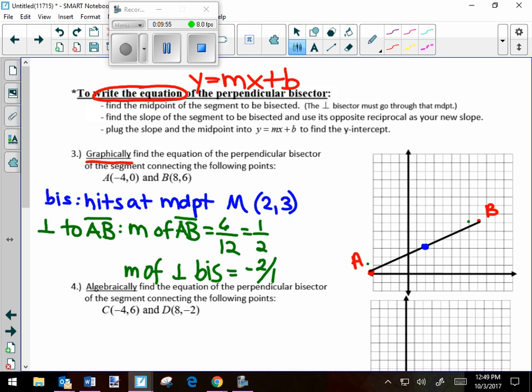So from the only point I know that the perpendicular bisector passes through, I have to count a slope of down 2 over 1, down 2 over 1, down 2 over 1, and then we go off the page. So we want to go back in the other direction now. And that's where my line is going to go, that is my perpendicular bisector.